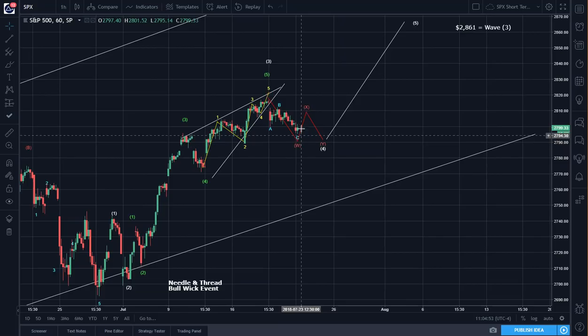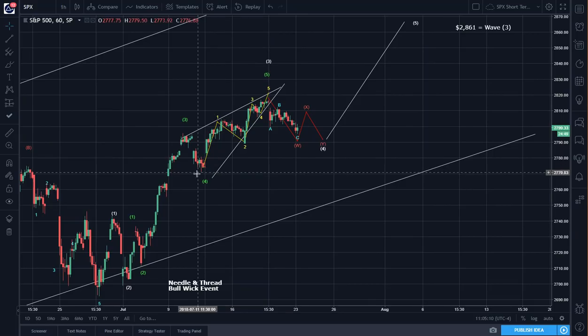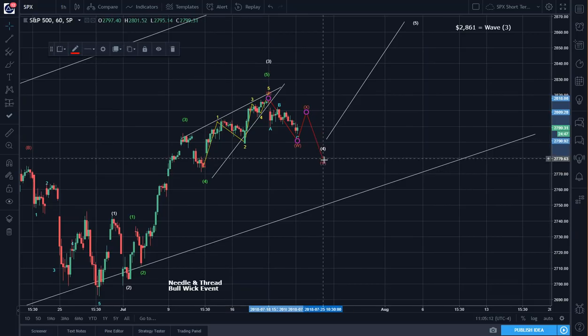So we may be getting a bump back up to maybe 2810 and then maybe a decline. If this is wave 3, usually the correction is at around 40%. So it should be going down to here really.